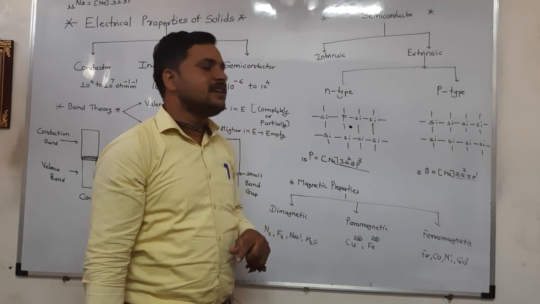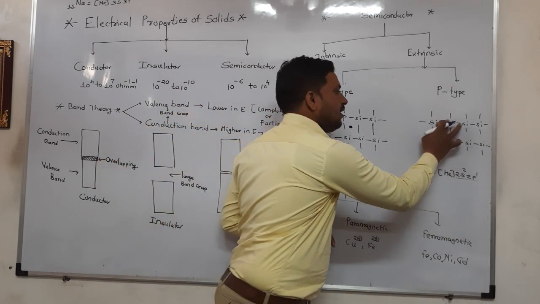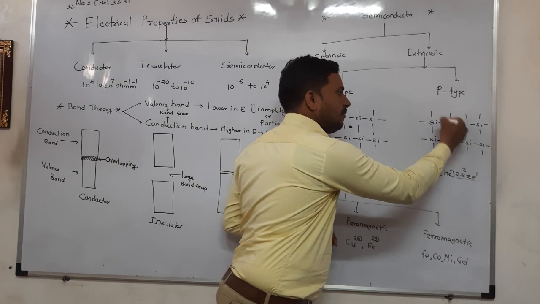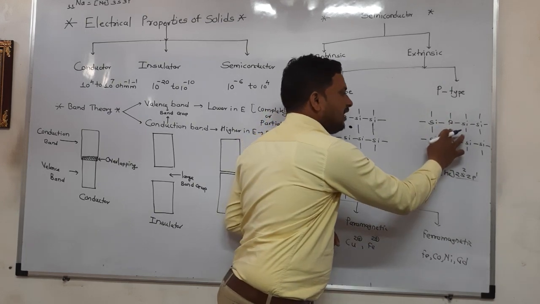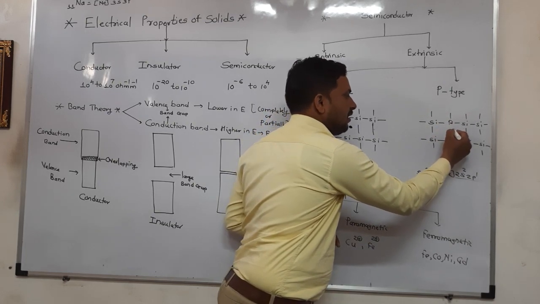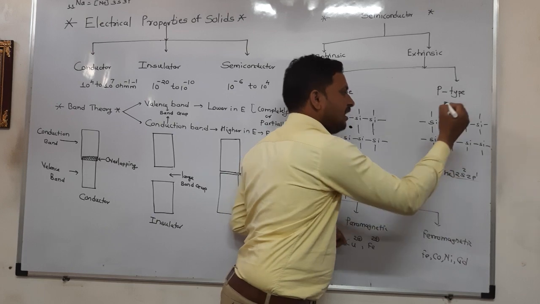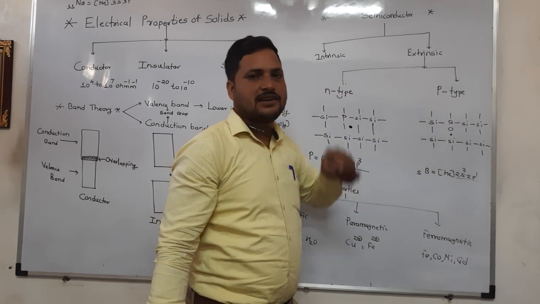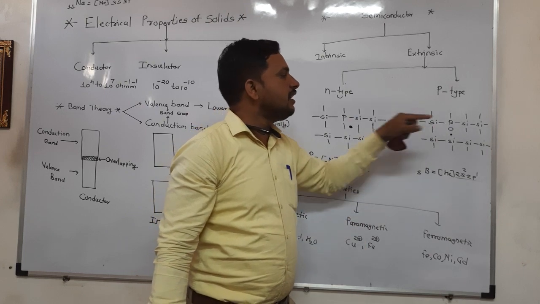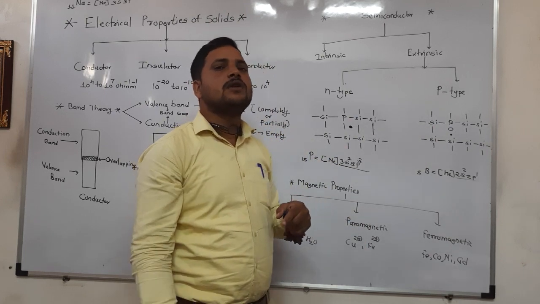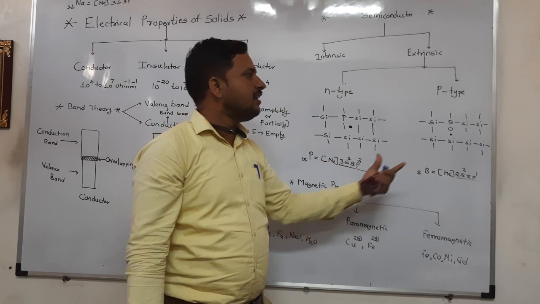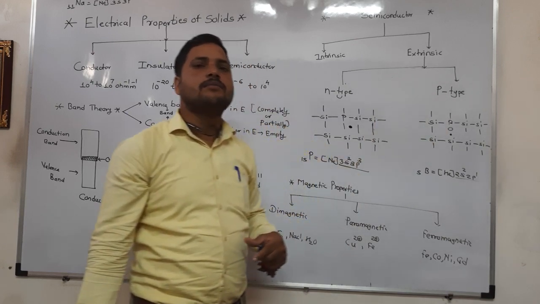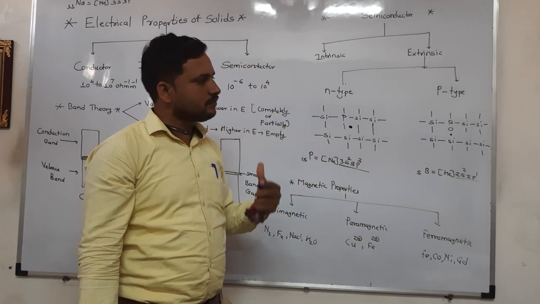Due to one less electron, when one silicon is replaced by boron, a hole is created in this semiconductor, and during electrical conduction the hole migrates. Hence it forms a P-type semiconductor.